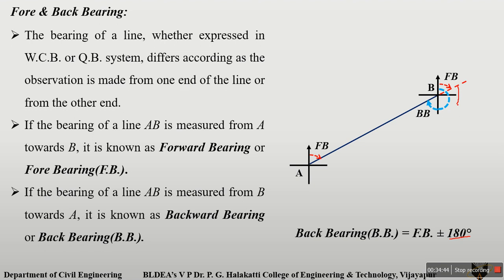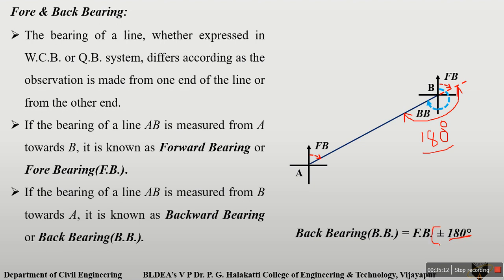The remaining added angle, this much of angle added here, how much is it? It is 180 degree. This 180 degree plus this forward bearing value will give the back bearing of the AB line. So that's why we are adding the 180.